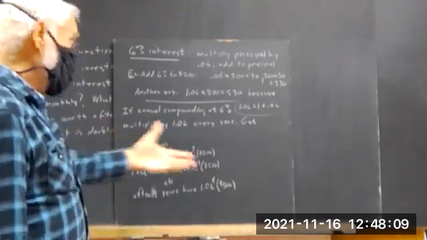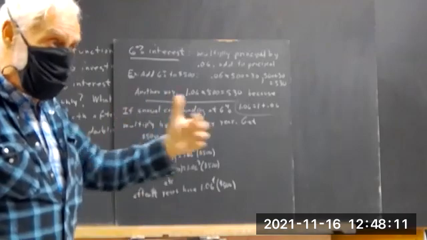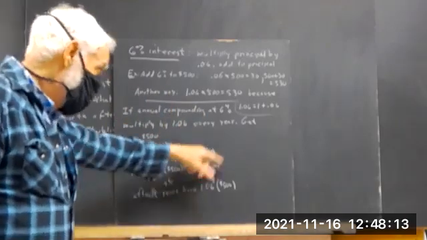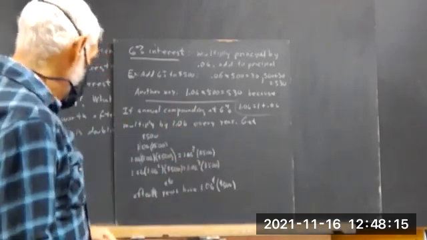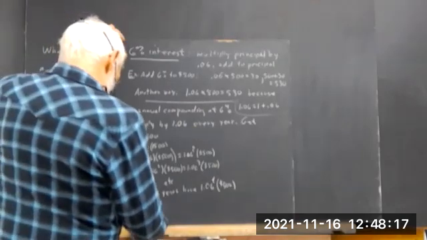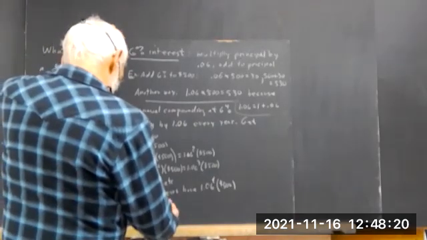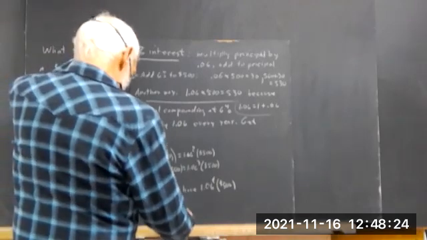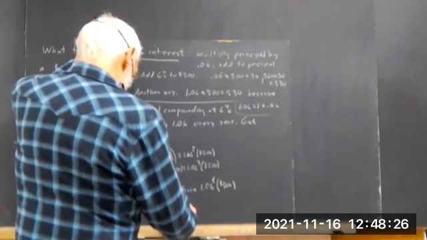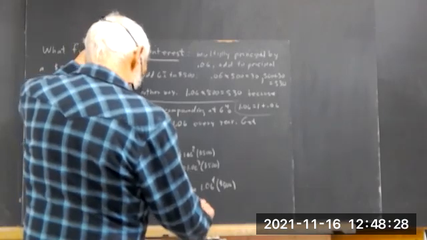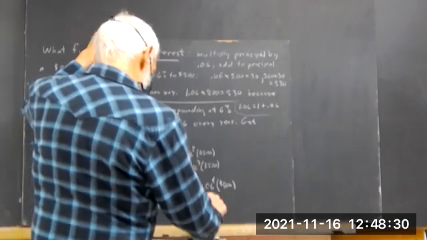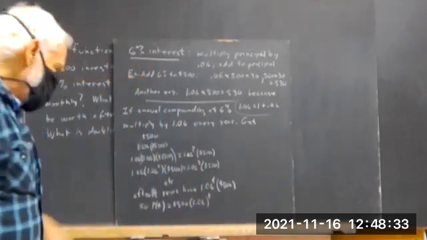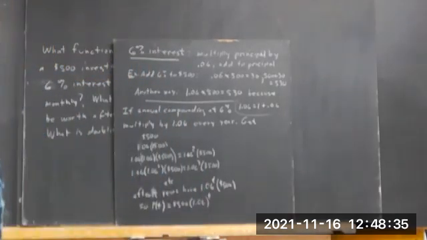Because every year you multiply by 1.06. You do that T times, you're going to get 1.06 to the T. So the principal as a function of T is $500 times 1.06 to the T.